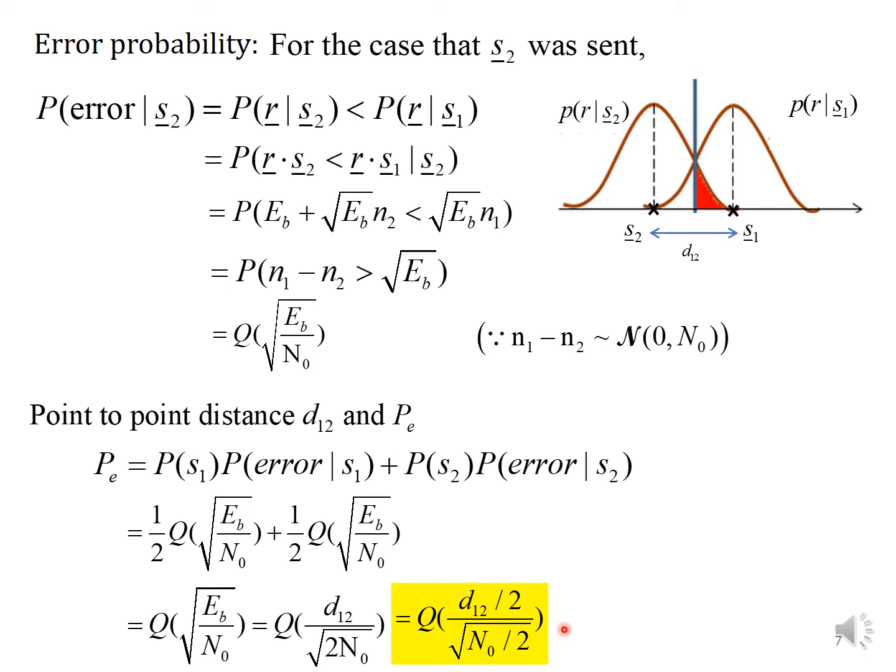The area, the tail probability, becomes larger. As D12 gets smaller for binary orthogonal signaling, the error probability becomes larger. This is what we see here for binary orthogonal signals.